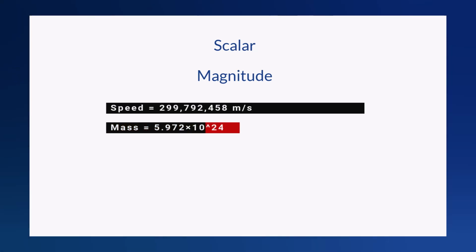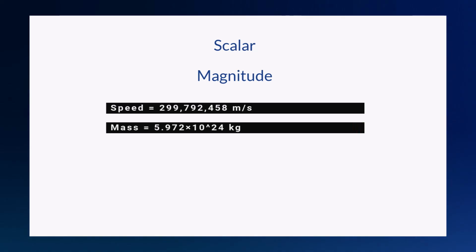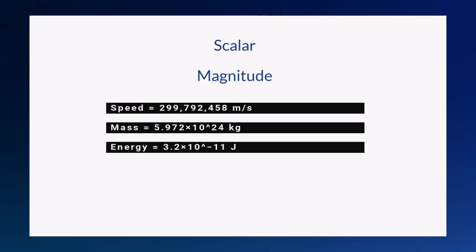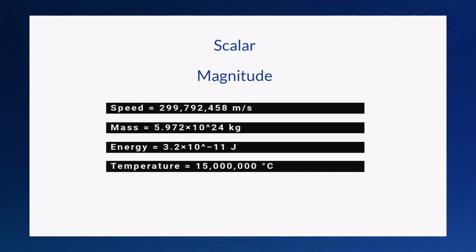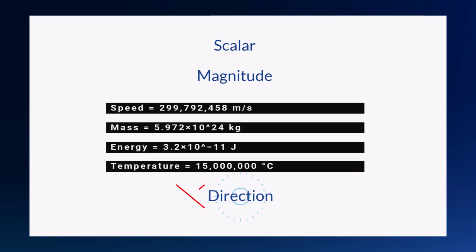The mass of Earth is approximately 5.972 times 10 to the power 24 kilograms. The energy from a single uranium-235 fission reaction is approximately 3.2 times 10 to the power of minus 11 joules, or the temperature of the sun's core is approximately 15 million degrees Celsius. They tell us how much, but not which direction.